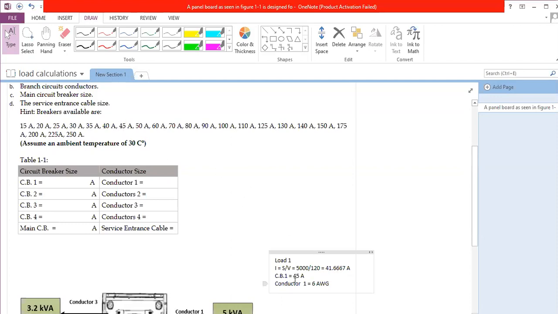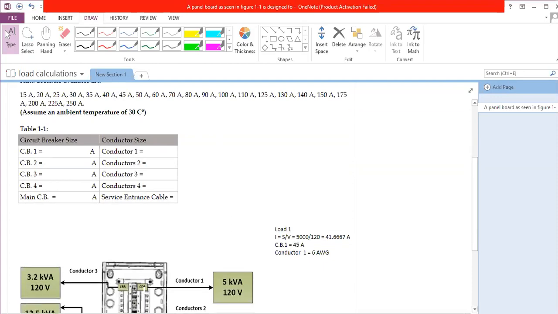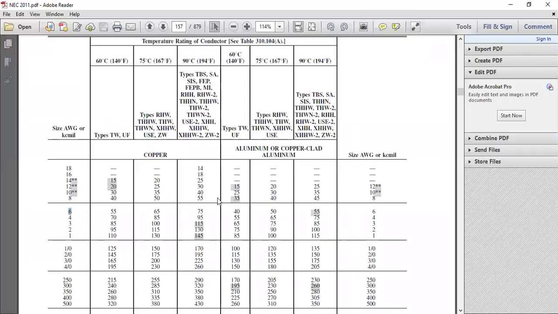Since the circuit breaker is 45 ampere, I have to choose the conductor based on the circuit breaker. In that table, I found 40 ampere and 55. Since the circuit breaker is 45, the conductor must be equal to or greater than 45, which is 55. So I choose 6. Okay.